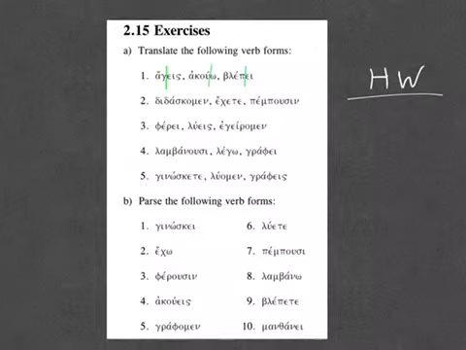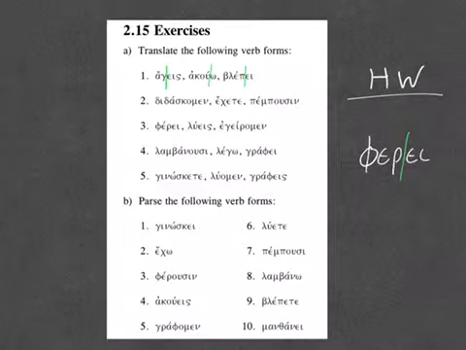So one thing that might help when you're doing this, let's do number 3. Let's say you want to divide the word up. So you divide the word up, you look at your alphabet list and you see phero. And you know if you take the omega off, because that is the first person singular, you just take that off and now you have pher.